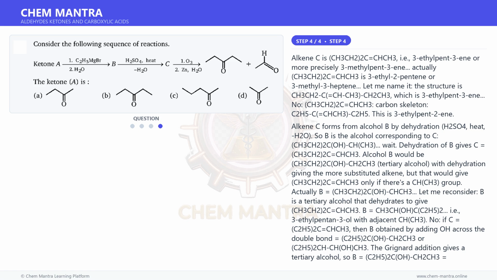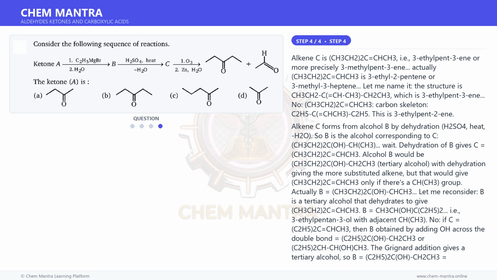The Grignard addition gives a tertiary alcohol, so B is 3-ethylpentan-3-ol. Dehydration gives (C2H5)2C=CHCH3, the Zaitsev product.